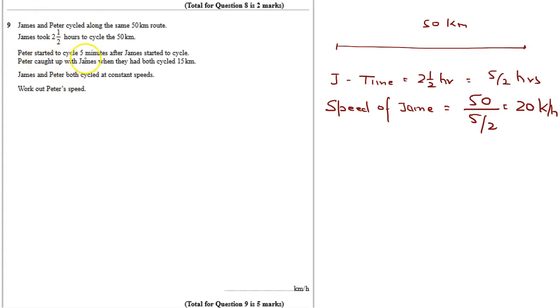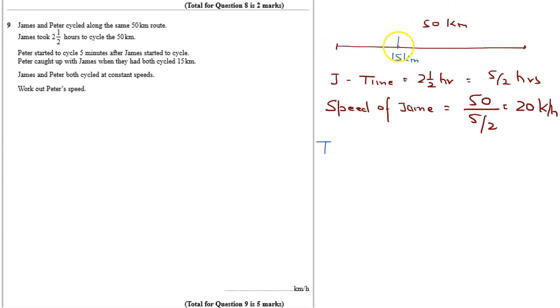Now Peter started to cycle 5 minutes after James. Okay, his time is what? And Peter caught up with James when they both cycled 15 kilometers. So suppose this is 15 kilometers. So we have to find the time taken by James to reach here.